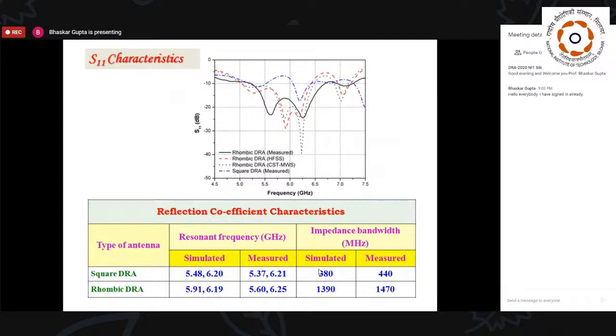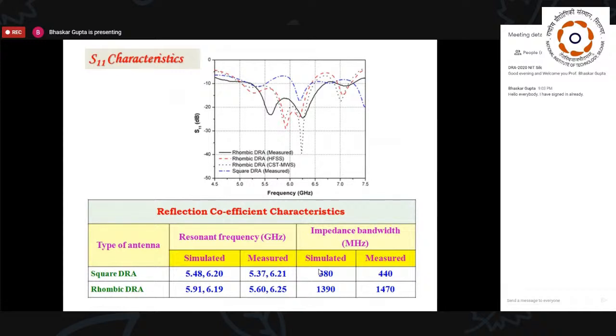For the resonant frequency, you see for the square DRA, we get two resonant frequencies at 5.48 gigahertz and 6.20 gigahertz simulated. I think I better go to the measured result, because that is more precisely presenting what actually happened. For the square DRA, we get the two frequencies at 5.37 and 6.21 gigahertz, so that we can operate it there.